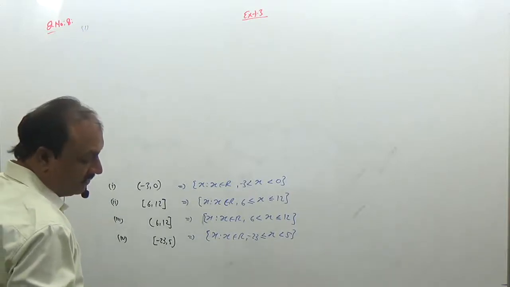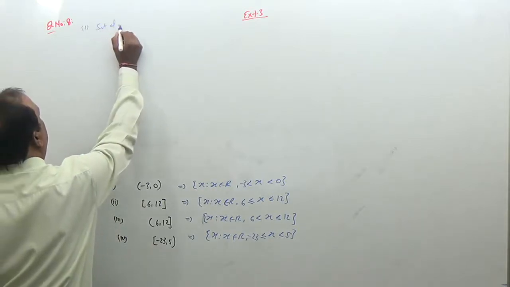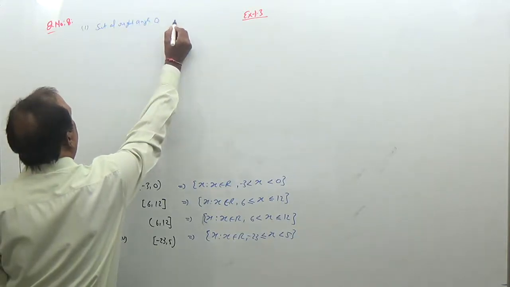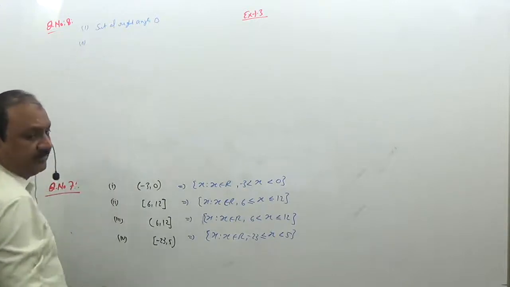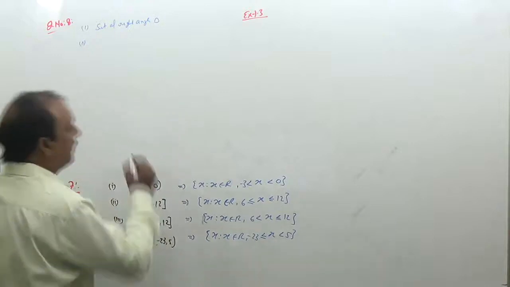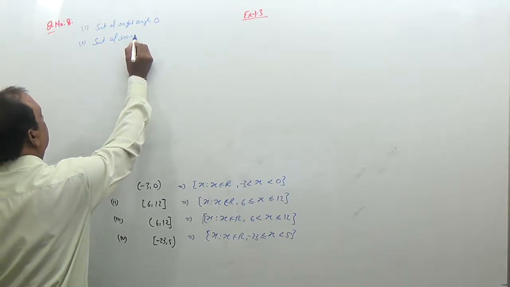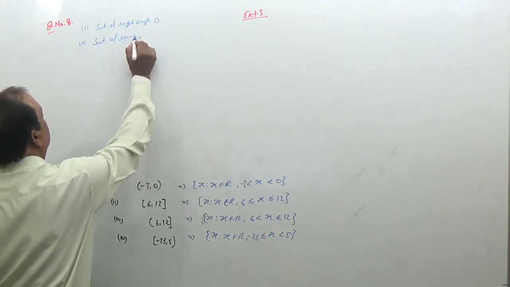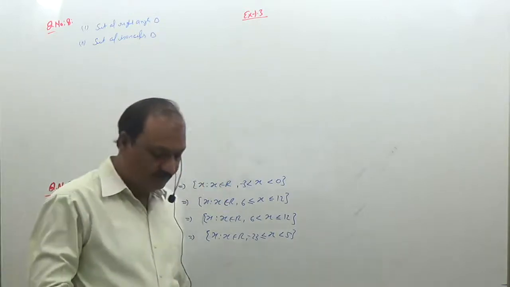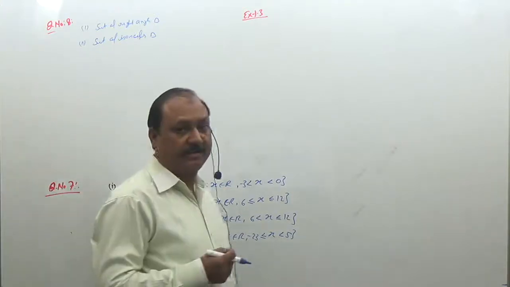First is the set of right angle triangles. Second one is the set of isosceles triangles. What is the universal set?